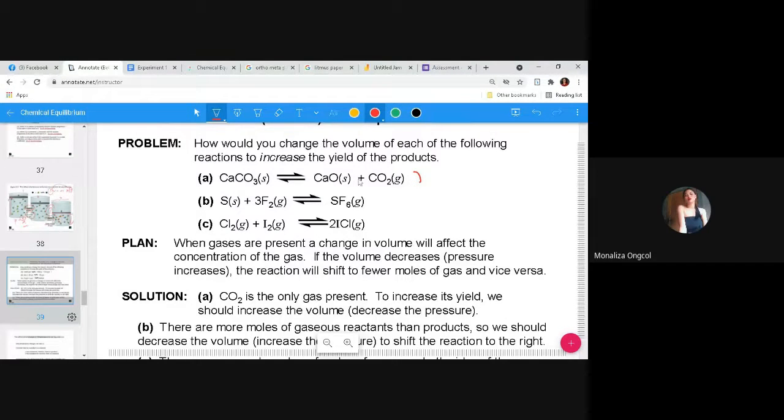CO2 class. 1, ma'am. Moles, when we say moles class, mao na imuhang coefficient. How many moles of CO2? 1, ma'am. One ra ang coefficient ani. How many moles of calcium oxide? 1.